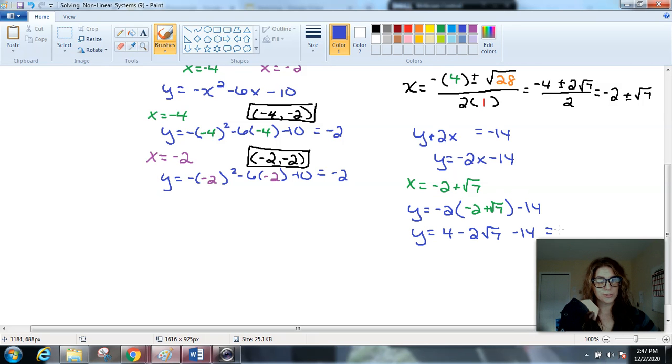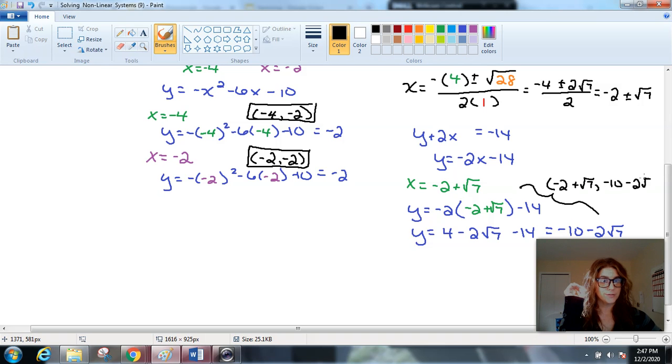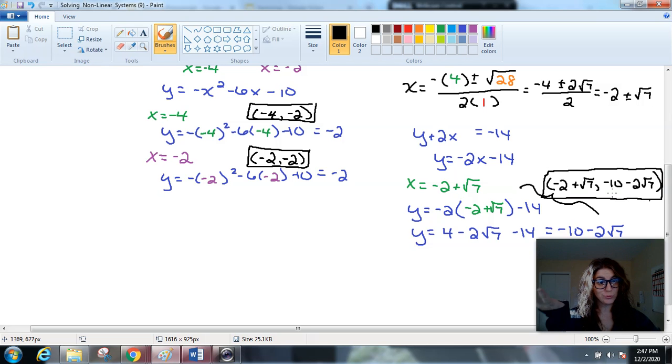Combine your like terms, you have -10 minus 2 radical 7. So when we put this whole thing together, one ordered pair is -2 plus radical 7 and -10 minus 2 radical 7. Again, an ugly looking ordered pair, but it is what it is. That is the actual value for that part.